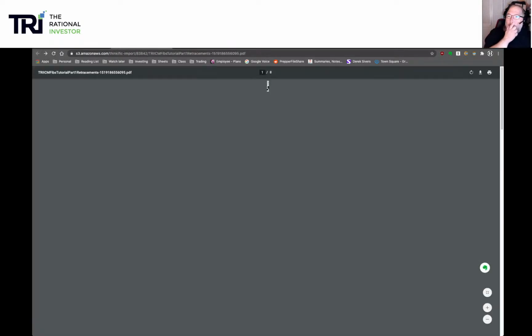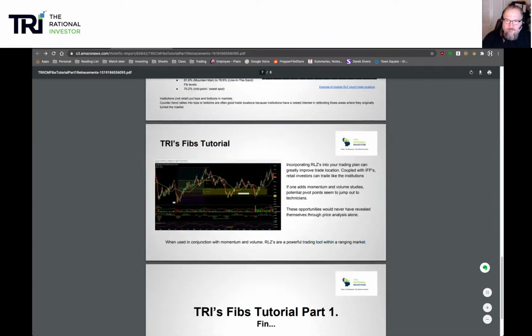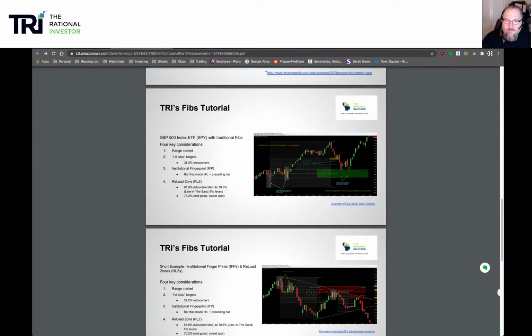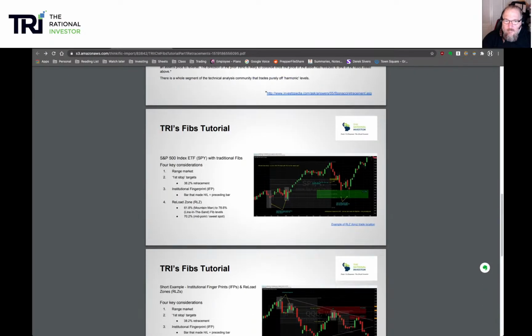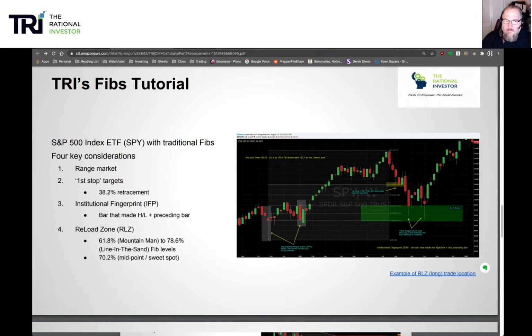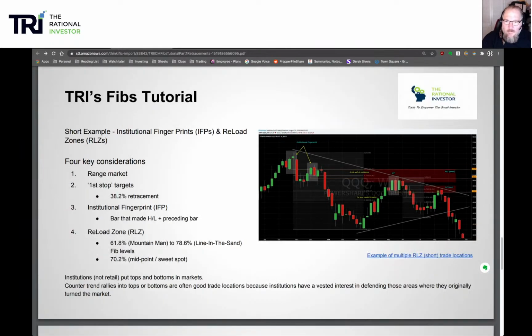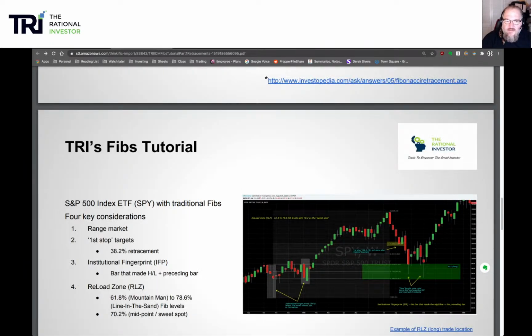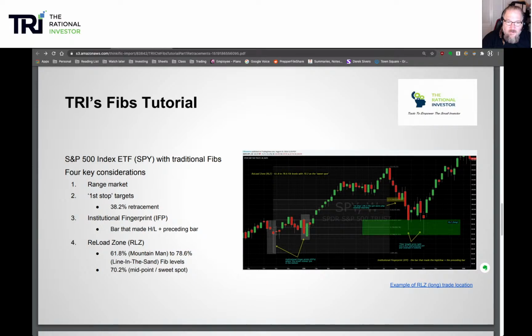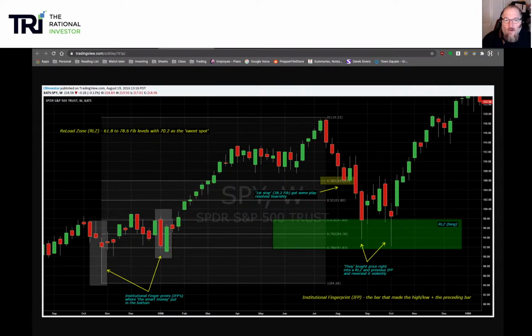All right, so that was Brian's example of a long RLZ reversal, and his example of what an institutional fingerprint looks like.